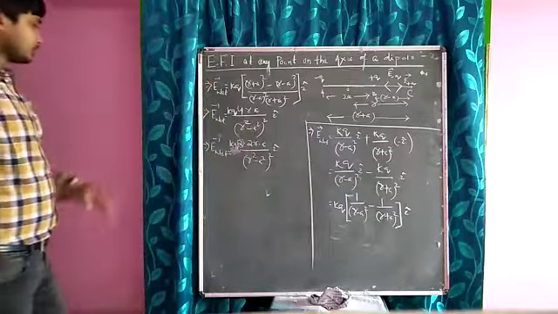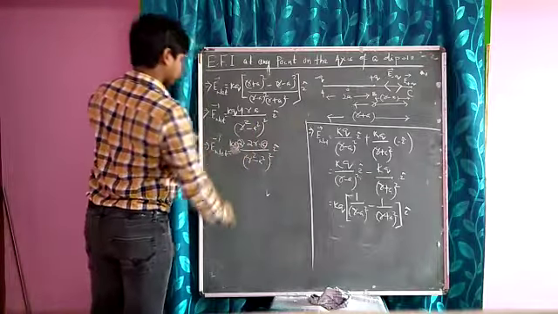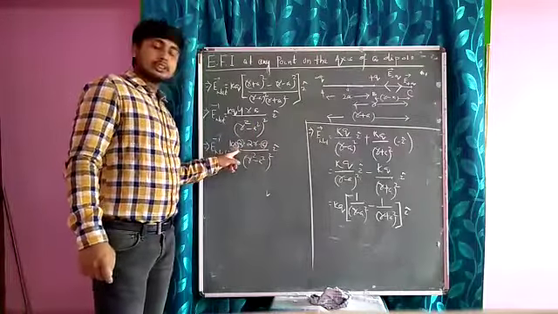So you can see that 2A into Q will give you the dipole moment P vector. P equal to how much? Q into 2A, already I have defined.